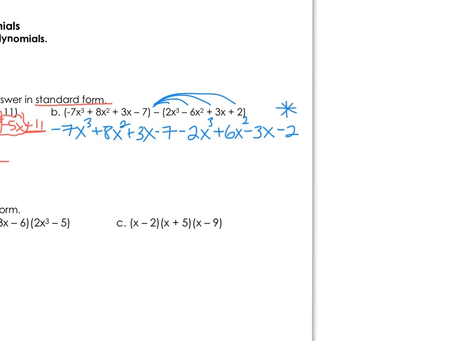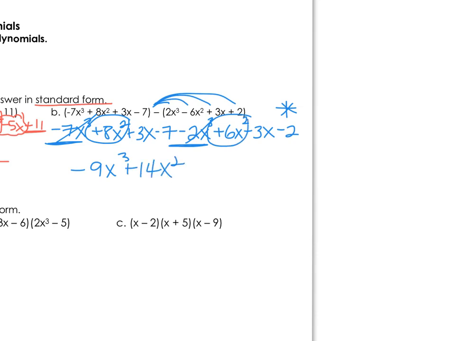And now let's look at that first term. I see x cubed as the biggest exponent, and we have negative 7x cubed minus 2x cubed more for a total of negative 9x cubed. That gets rid of those two. And then we have positive 8x squared and positive 6x squared for a total of positive 14x squared.